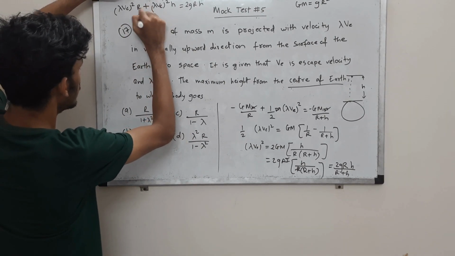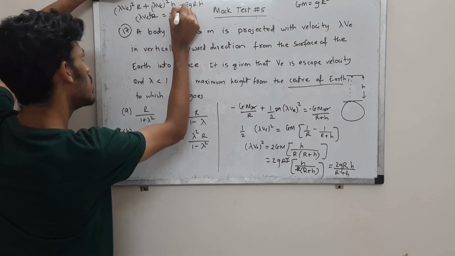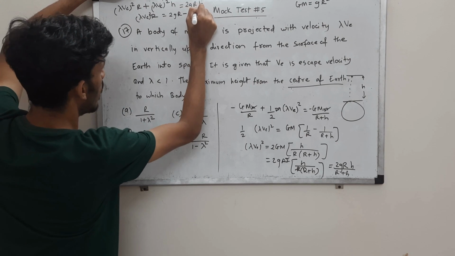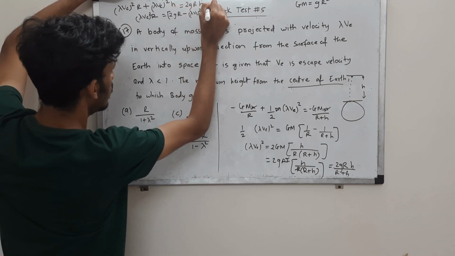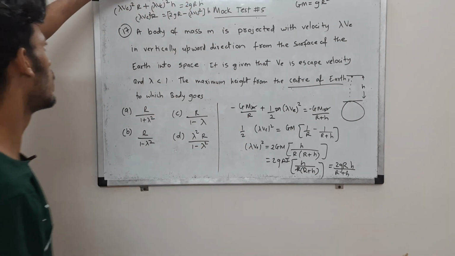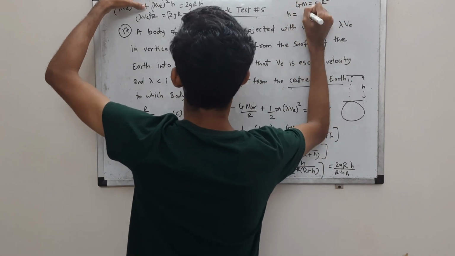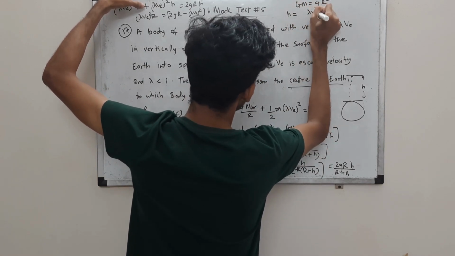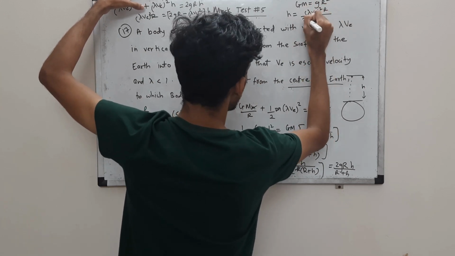So lambda Ve square R, we'll take this to the other side. This will be 2gR minus lambda Ve square, and this has h common. That is why we are taking it to the other side, so that we can separate out h. So finally the answer that we get for h is lambda Ve square into R divided by 2gR minus lambda Ve square.